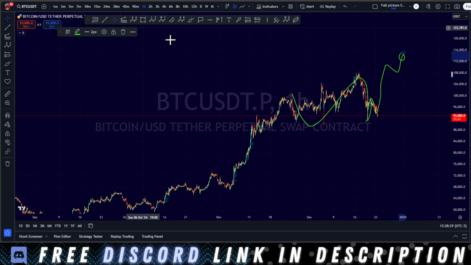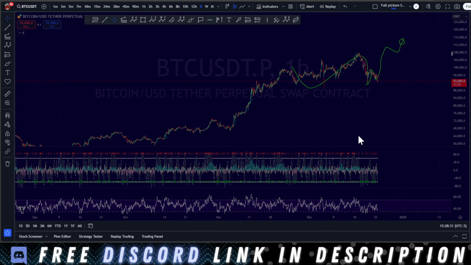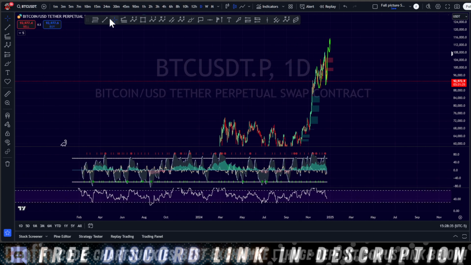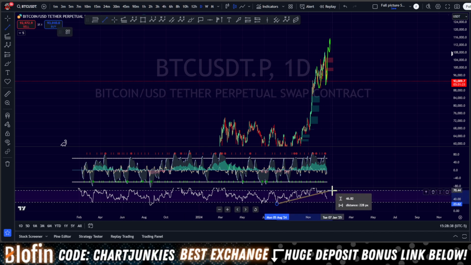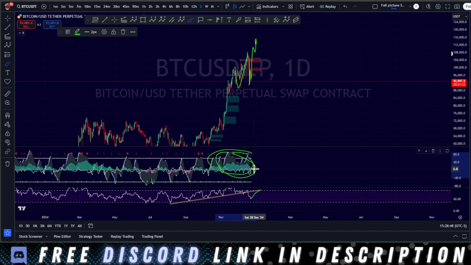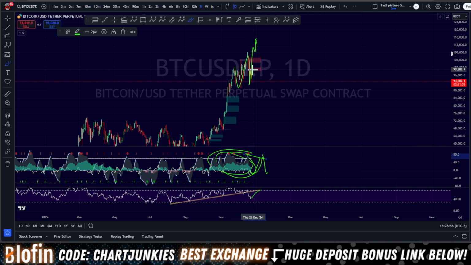Let's get that. And what's that going to do on something like the daily time frame? We did break out of this RSI trend line, so that is looking to get retested like so. We do have very momentous waves here on the momentum oscillator, and usually when you see this, you will see a spike to the highs again on the momentum in a more sharp manner, putting in some momentum divergence as well.